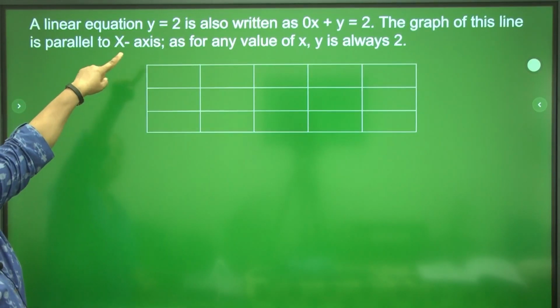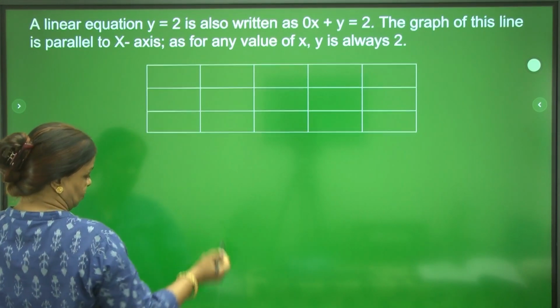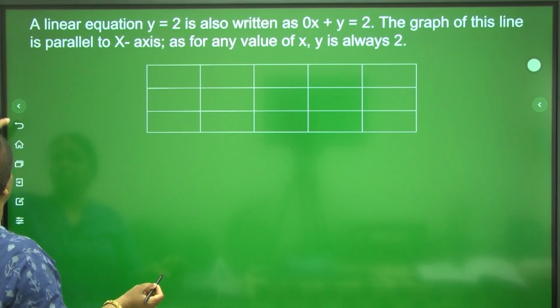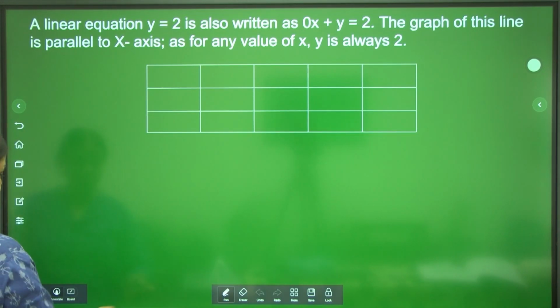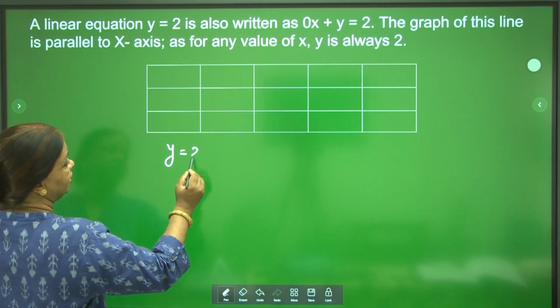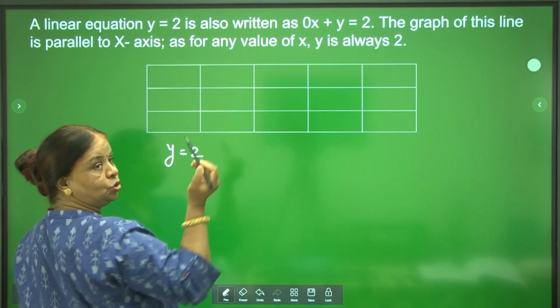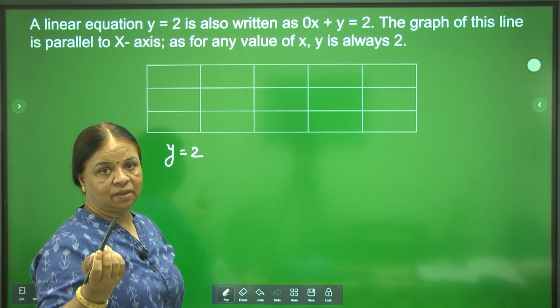Here children, you can see y is equal to 2 is given, which can also be written with two variables, as we are learning simultaneous equations.